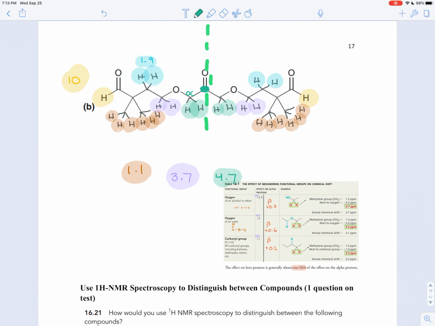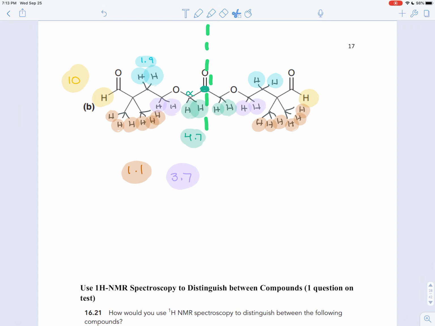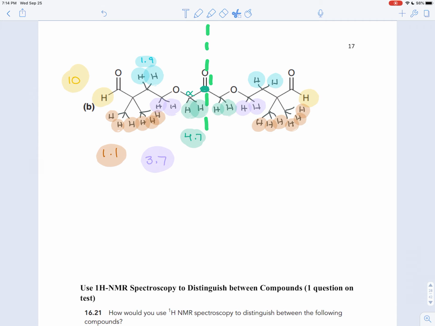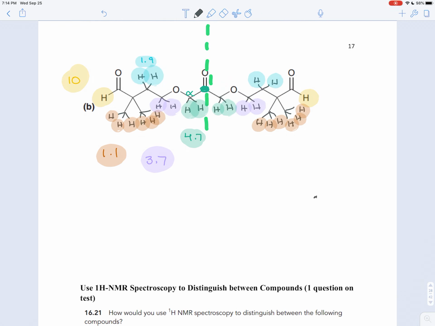So we have in green, this was 4.7. All right, so that's the location of the peaks. So we have the location.